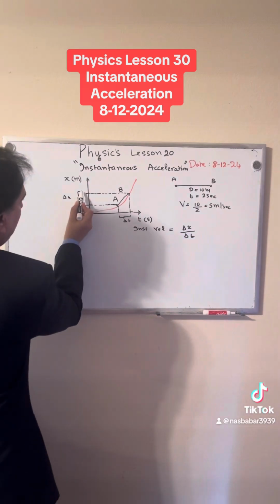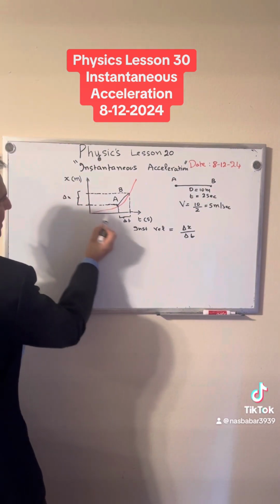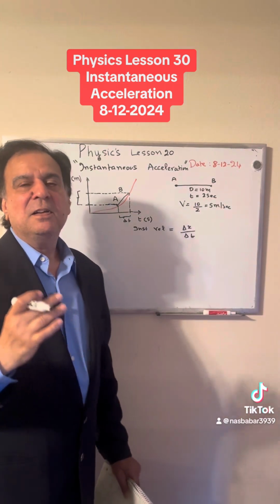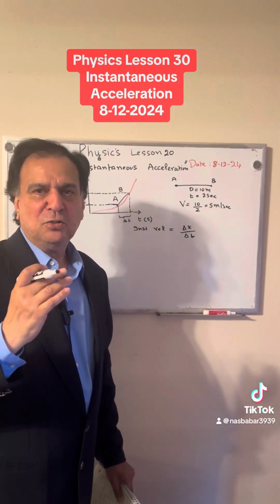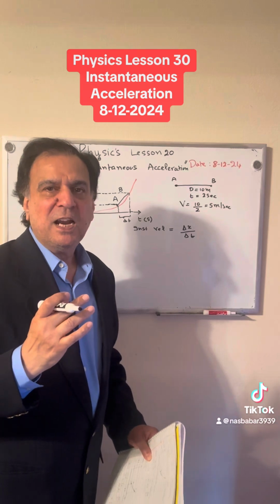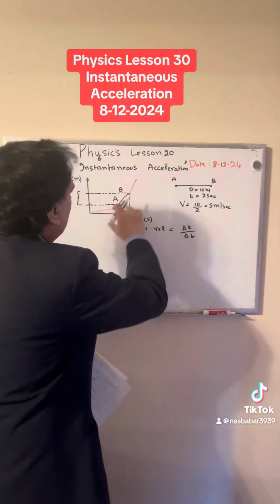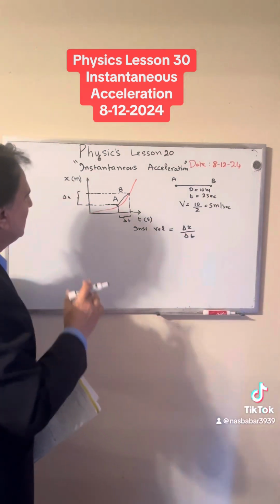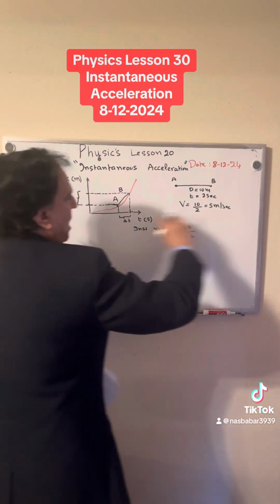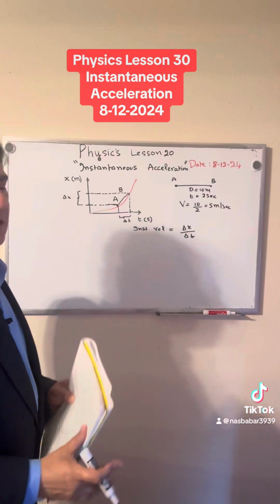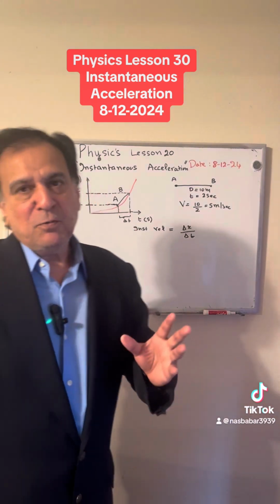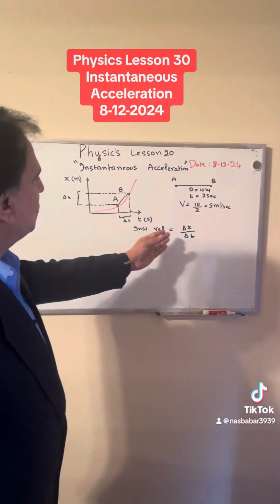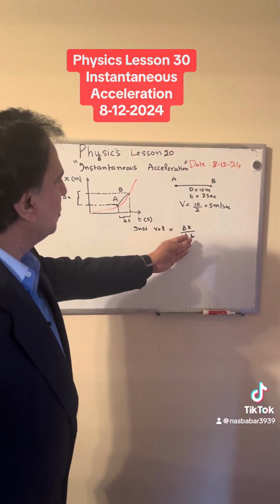This is my delta x right here, and this is delta t. Essentially, when you find velocity, you're finding the slope of the line. Rise over run. So the derivative of distance is velocity. This is instantaneous velocity, dx over dt.